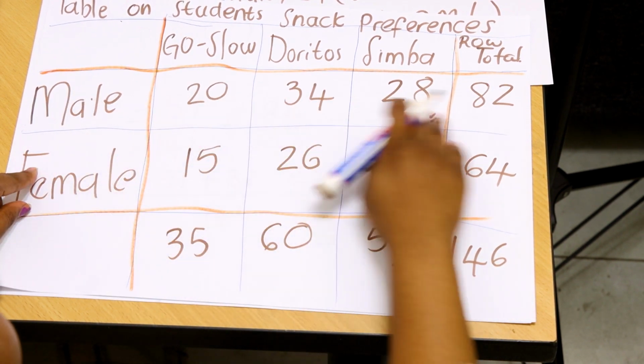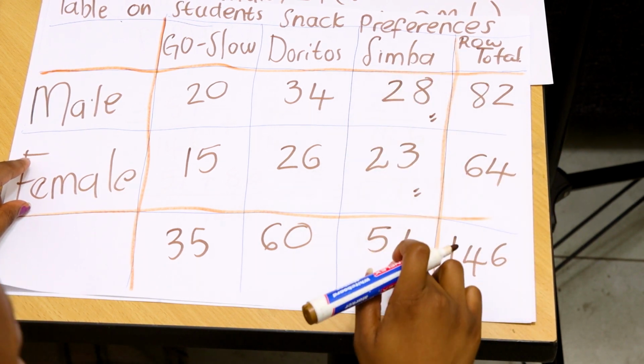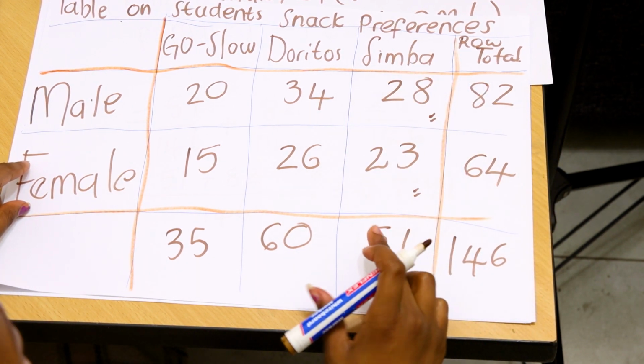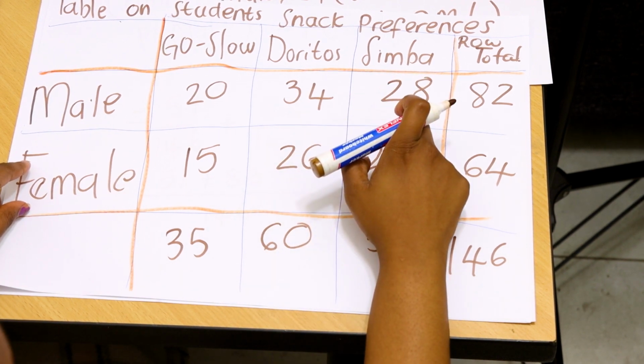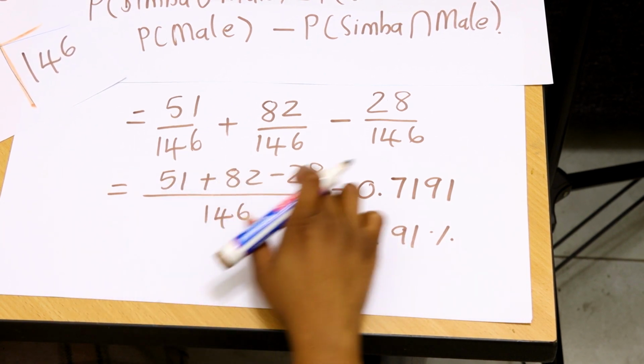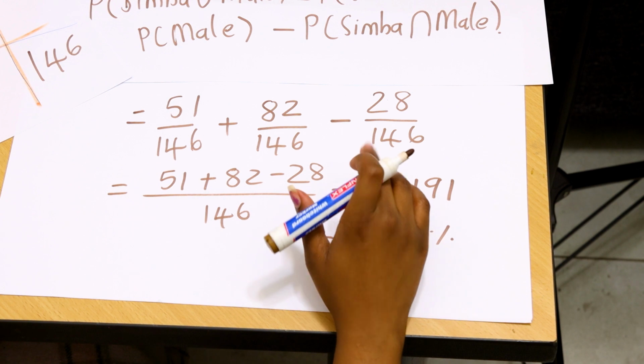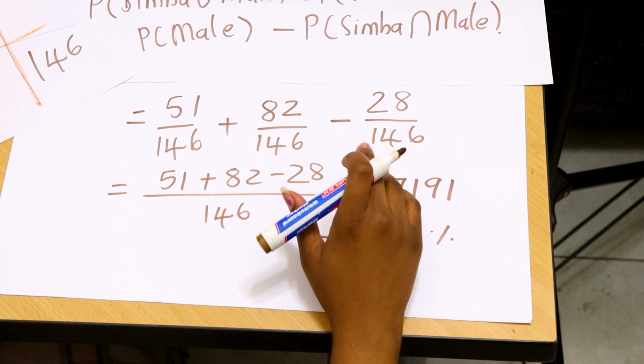We include it for male, in this 82, and again this 28 is in this 51. So there's a double counting of the 28. The intersection is counted twice, which is why we subtract 28 when we are calculating the union for non-mutually exclusive events.